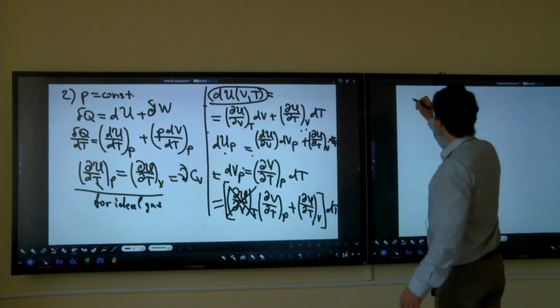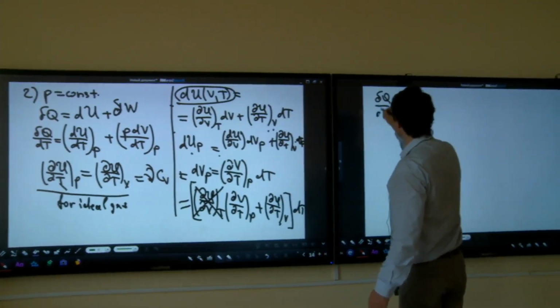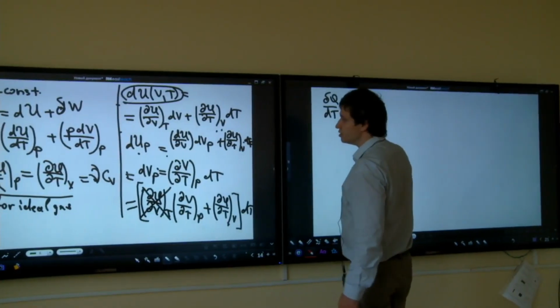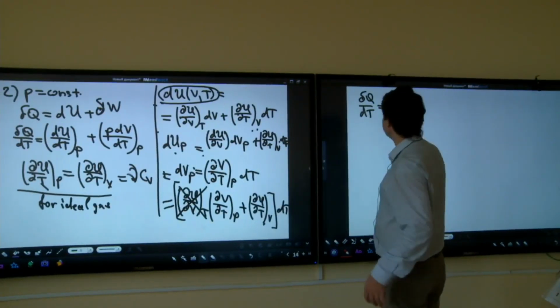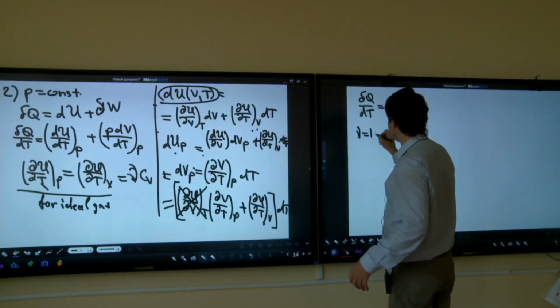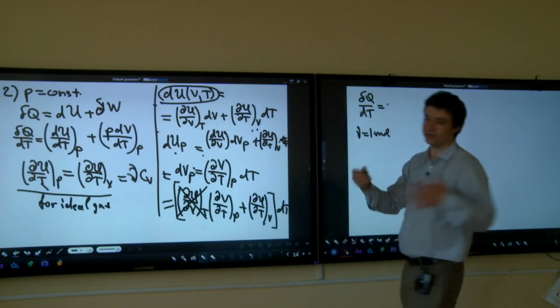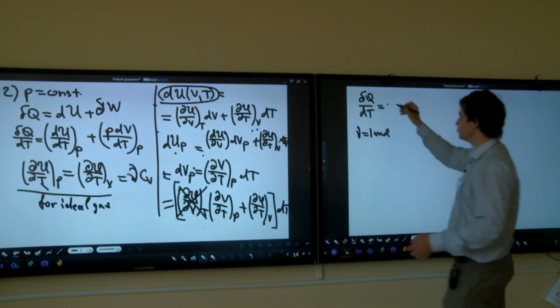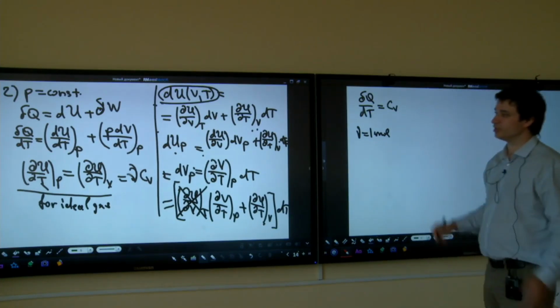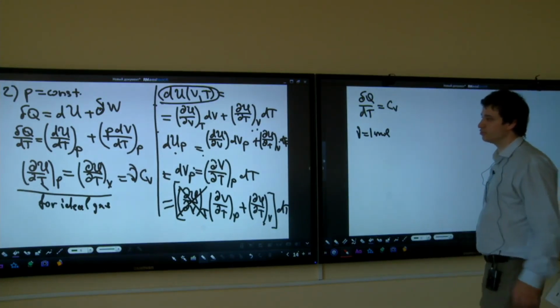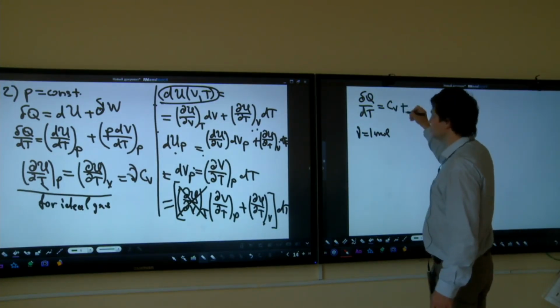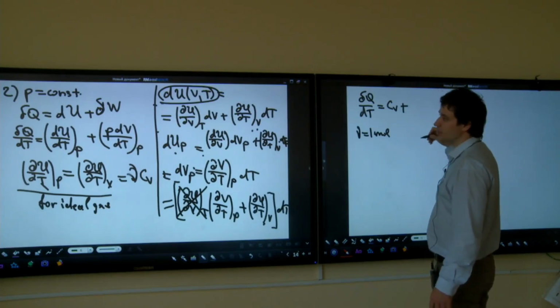So I write again that delta Q over dt is, okay, let's assume that I have only 1 mole of gas. I don't want to carry this nu with me everywhere, so I write here just Cv, the molar heat capacity at constant volume. And here goes plus PdV over dt.